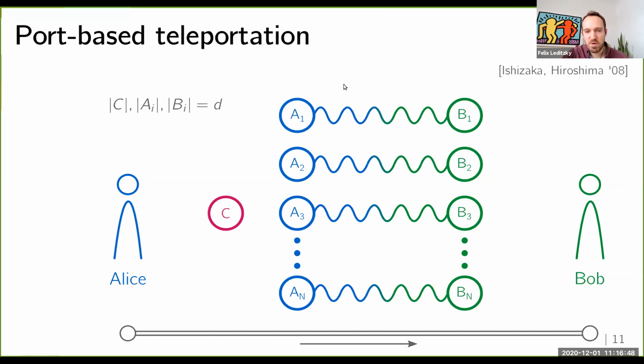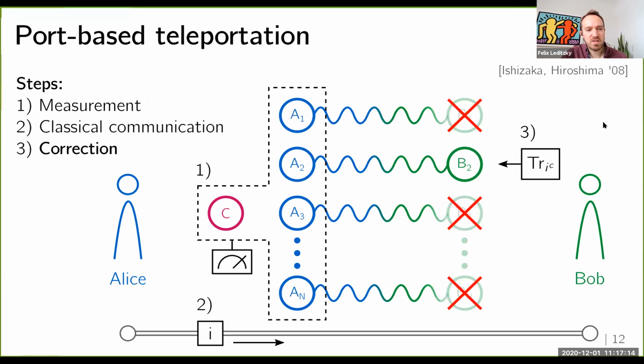So each party has n systems, A1 through An for Alice and B1 through Bn for Bob. And these are called ports, where the name port-based comes from. And let's assume for simplicity that all of the Ai and Bi systems are in a maximally entangled state. So whenever I write in diagrams this wiggly line here, I mean a maximally entangled state between the two qubits.